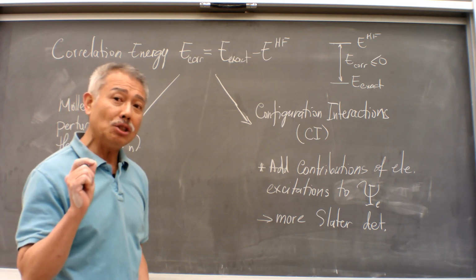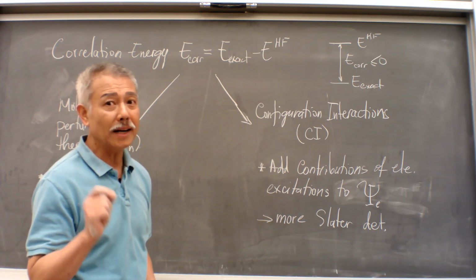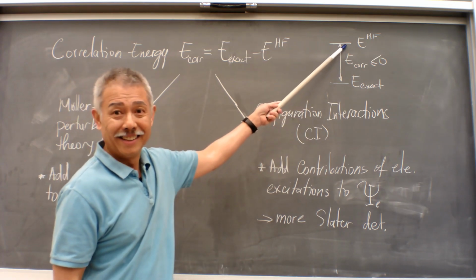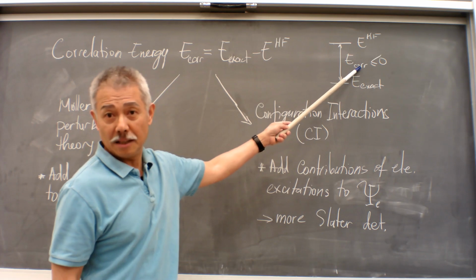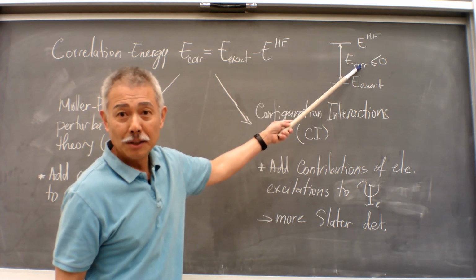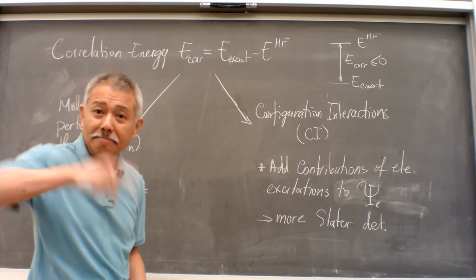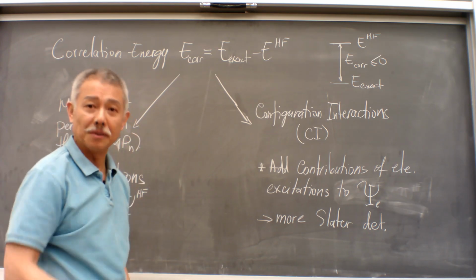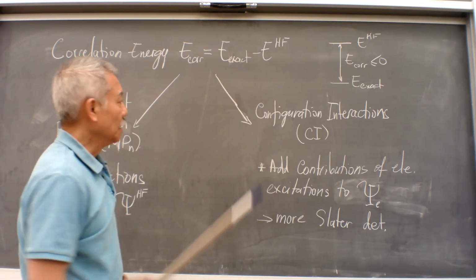The variational principle says that the Hartree-Fock energy is always above, so the difference with the exact energy is always negative. So we know how we can improve our theory by looking at the correlation energy.